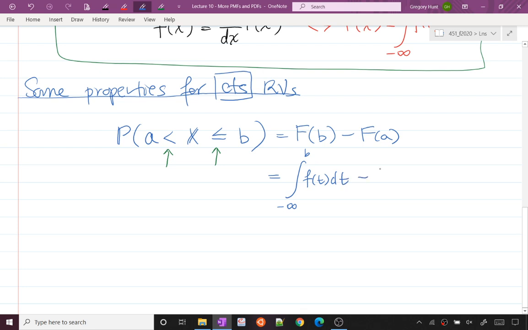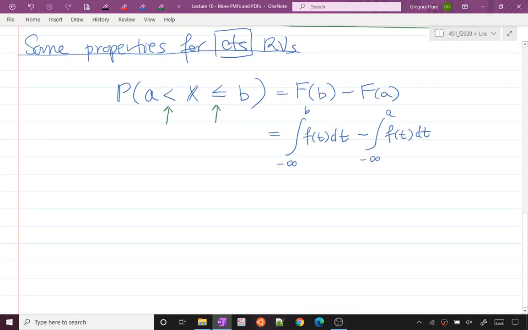And then I'll subtract off the CDF at a, which is the integral from negative infinity to a of the PDF, little f of t dt. And using my calculus 1 knowledge, I can combine these. This is the integral from a to b of f of t dt.